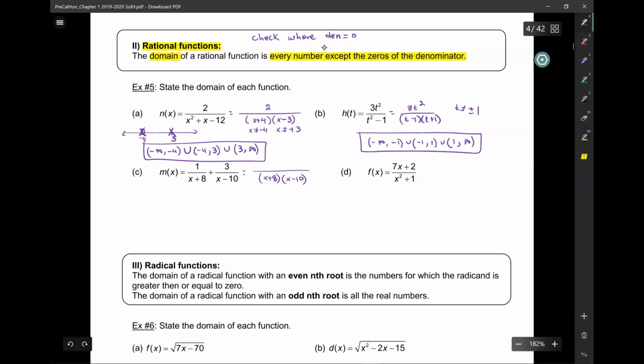So we say x can't be 10 or negative 8. So what's the domain then? And then 10 to infinity.